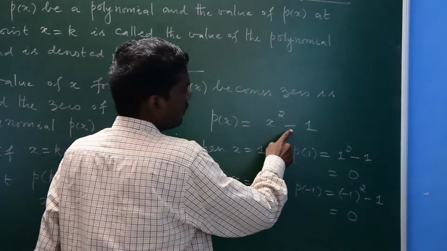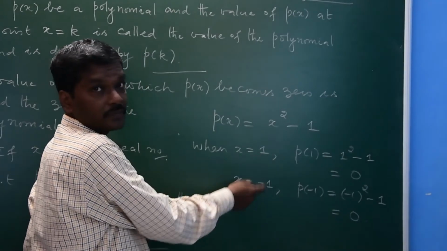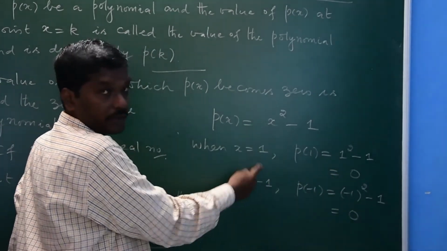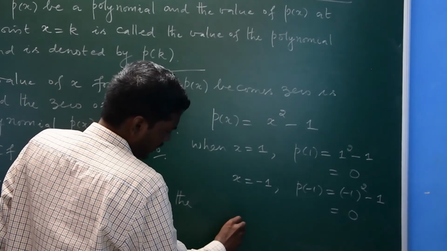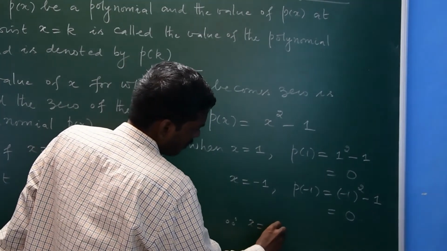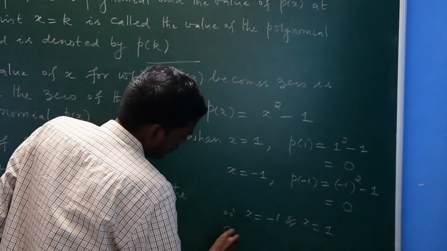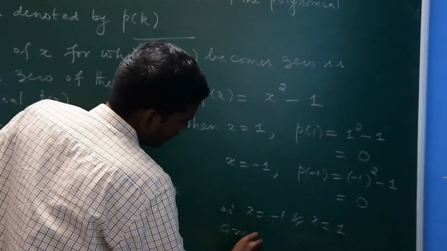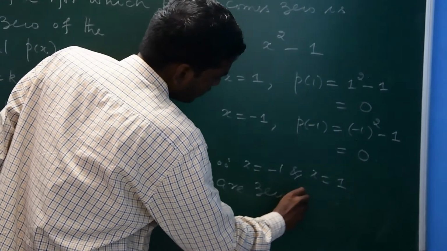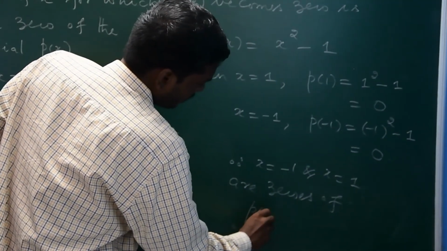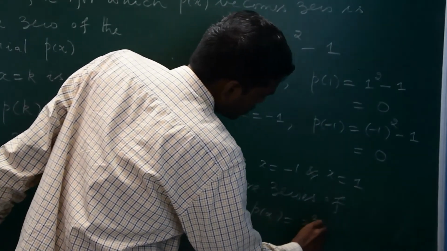So the value of the polynomial becomes 0 at these 2 points. Therefore we can say that x is equal to minus 1 and x is equal to plus 1 are zeros of this polynomial, p of x is equal to x square minus 1.